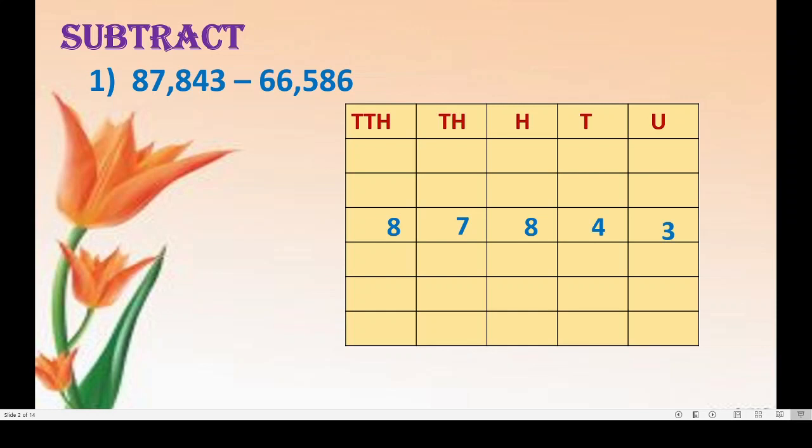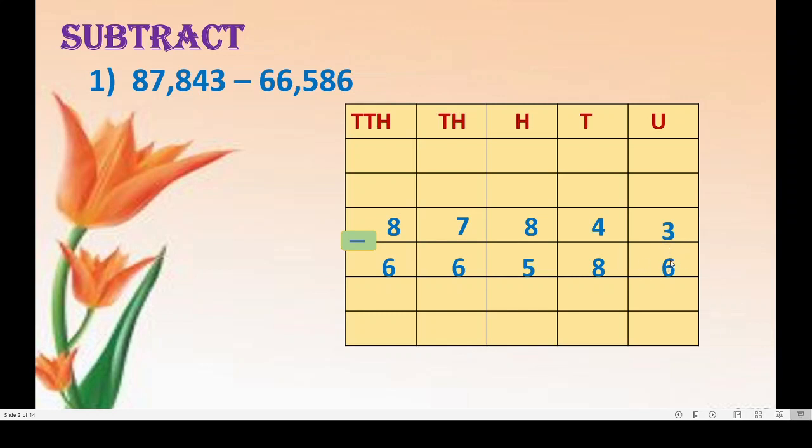87,843 minus 66,586. Okay, 5-digit number. Now we will subtract this. Now always we begin subtraction from unit place.